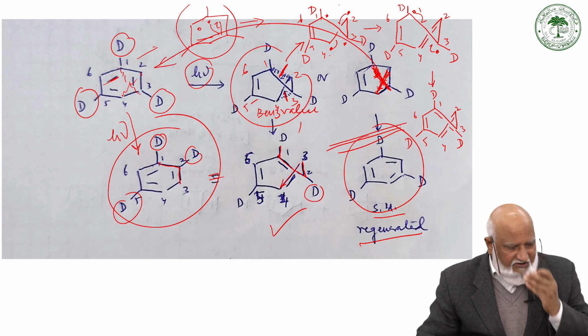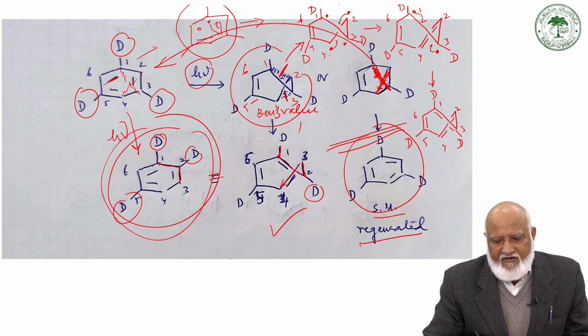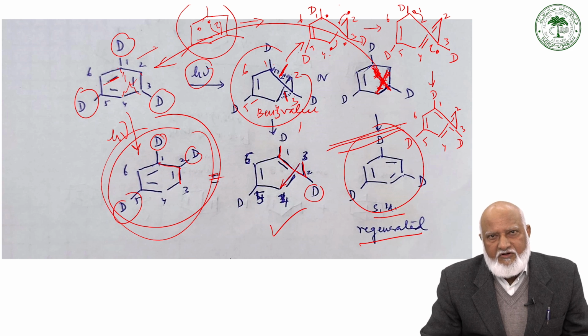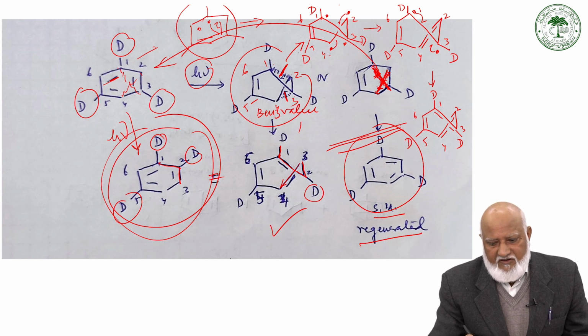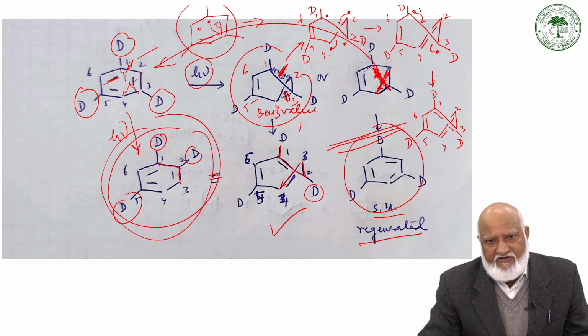But the formation of the product can only be explained not by cleaving the new bond, but by the old bonds, like this one and this one in the benzvalene intermediate.